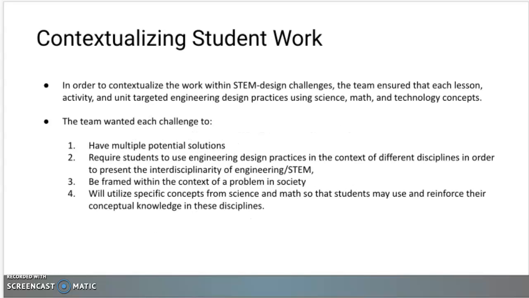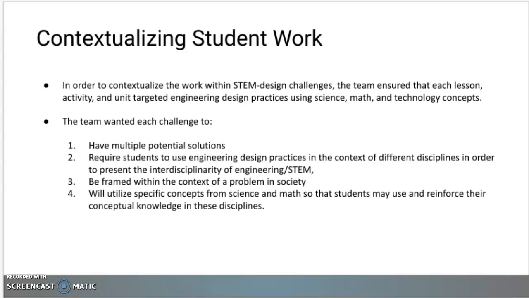So for contextualizing student work, the team really wanted to make sure that they used STEM design challenges and ensured that each lesson within an activity within the units targeted engineering design practices using science, math, and technology concepts as support. The team wanted each challenge to have multiple potential solutions, meaning there's no one right answer.